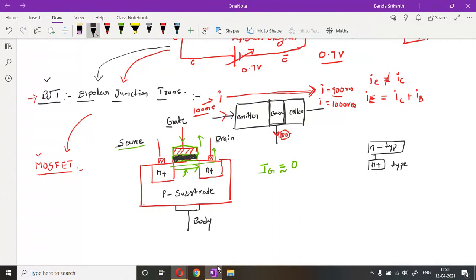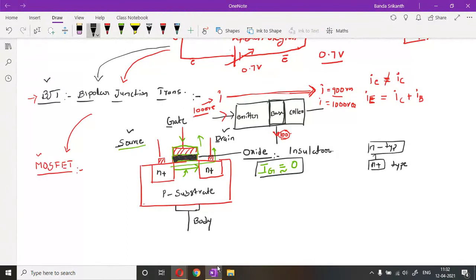It is the oxide material. What is the property of the oxide material? It acts as an insulator. Does an insulator allow electrons to flow? No. So that is the reason the Ig current is approximately 0, and the entire source electrons go towards the drain only.